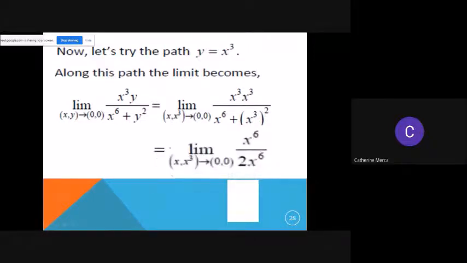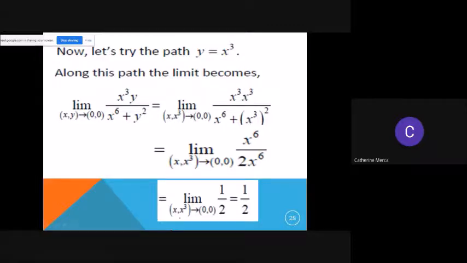You will have x to the 6 over twice of x to the 6, so the x to the 6 cancels out. The result is 1/2. There is no more x in the value, so you can simply rewrite it as 1/2, because the limit of a constant is the constant itself. This is the basic principle we learned before in Math 060. I hope you did not forget, since it still holds.